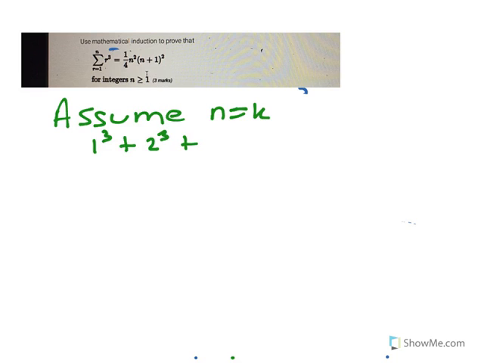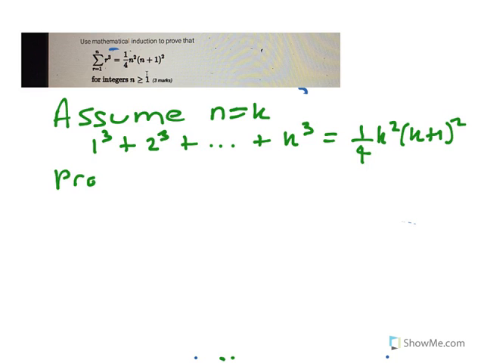Okay, so now we assume true. So assume for n equals k. That means that 1 cubed plus 2 cubed all the way up to k cubed equals 1 quarter k squared, k plus 1 squared.